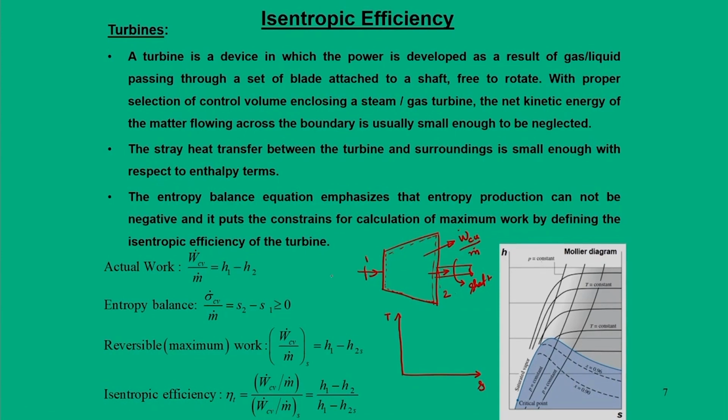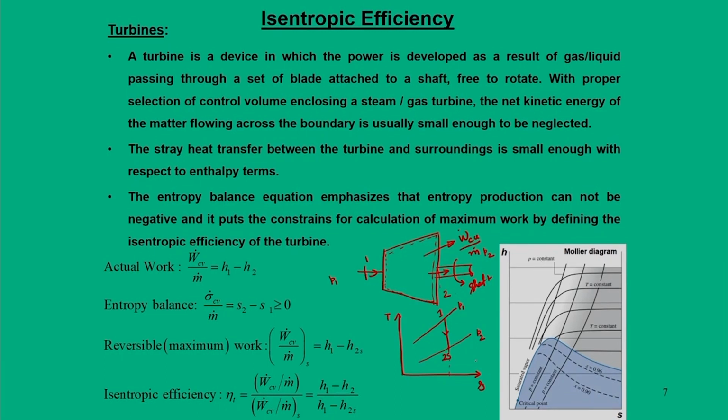This is an expansion process, so the initial pressure P1 is higher and the final pressure P2 is lower. In a TS diagram we can draw two constant pressure lines, the first for P1 and the second for P2. The state is located at point 1. When it expands isentropically, it goes to state 2s.